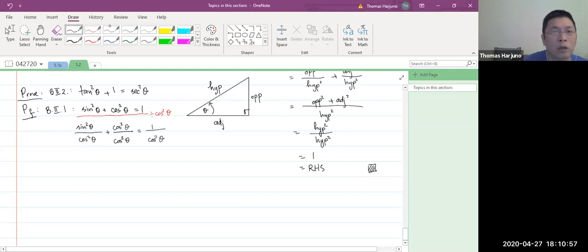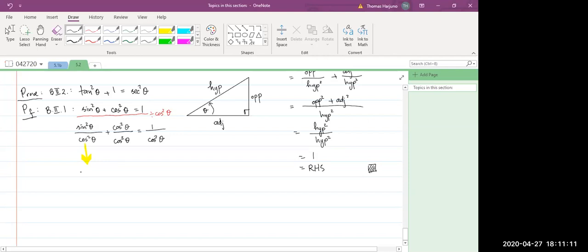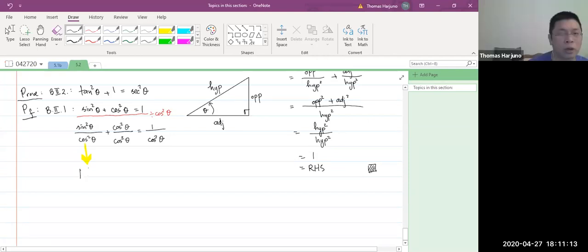Now, what will this guy be? Tangent squared theta. That's tangent squared theta plus 1 equals secant squared theta.